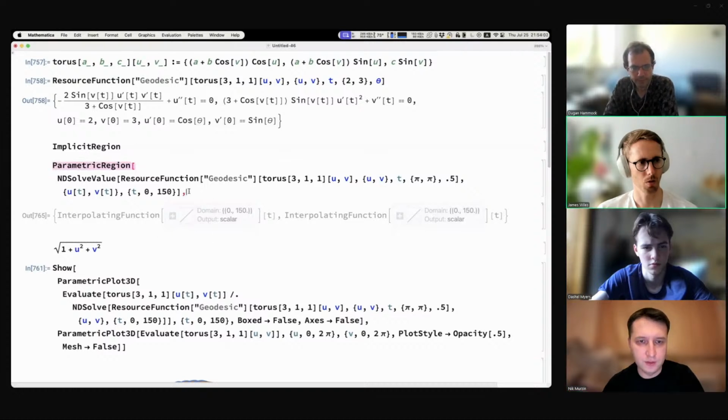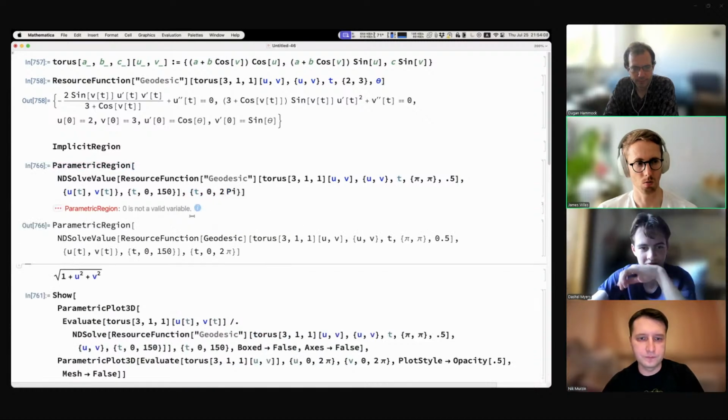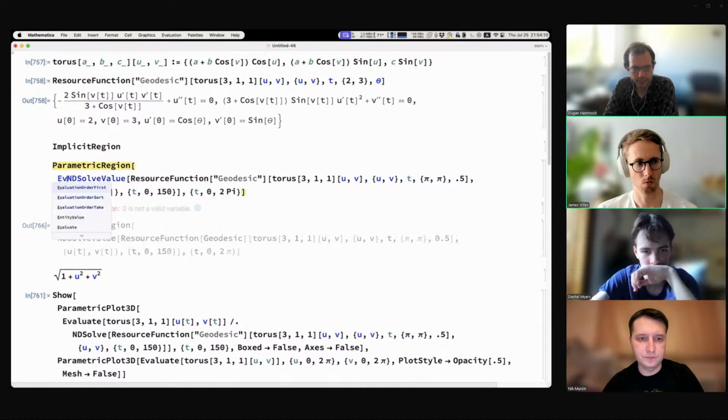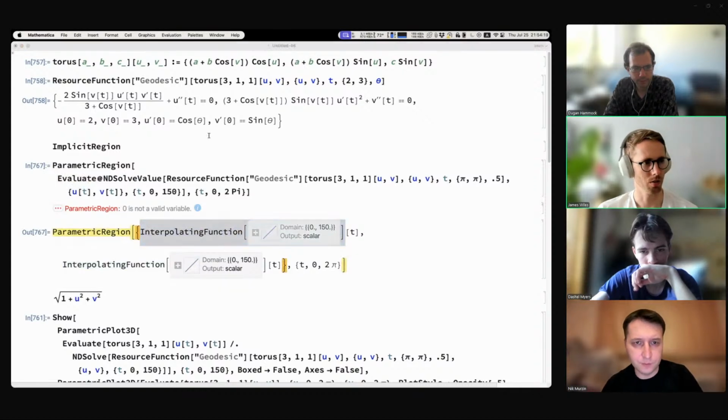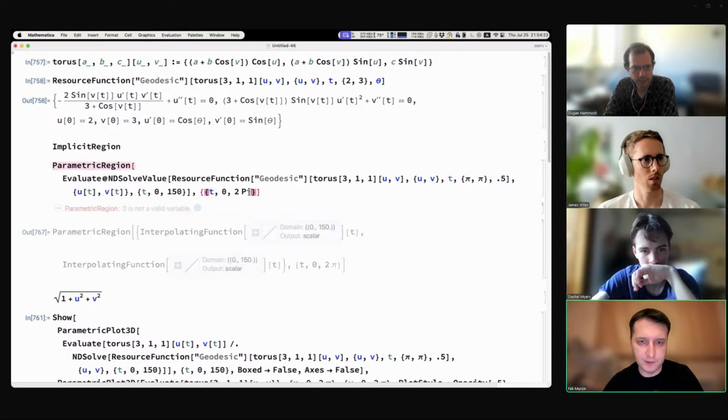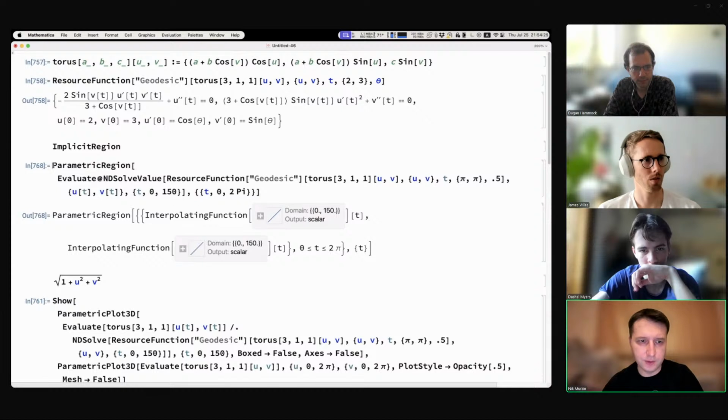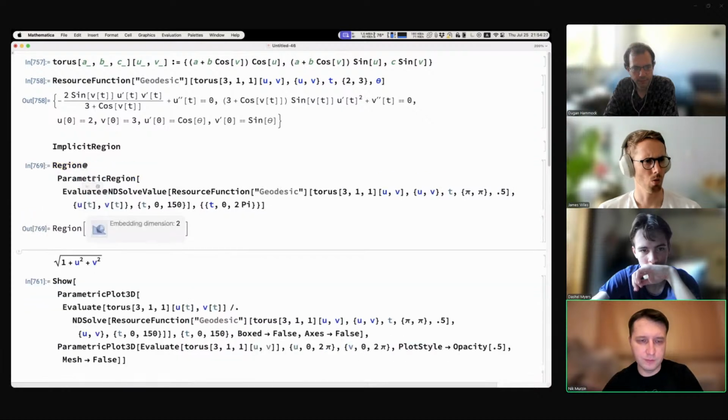So we want the formula for the length of a curve. Parabolic surface? No. Parametric. Am I using it correctly? You can make this plot.